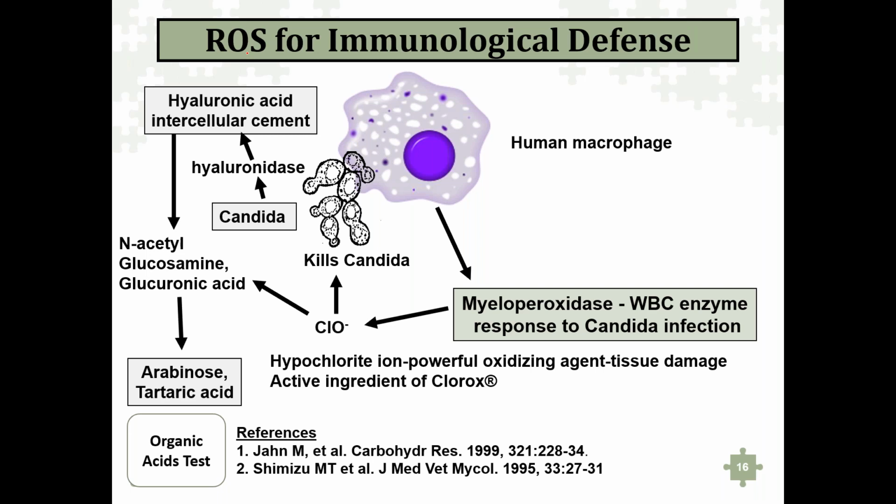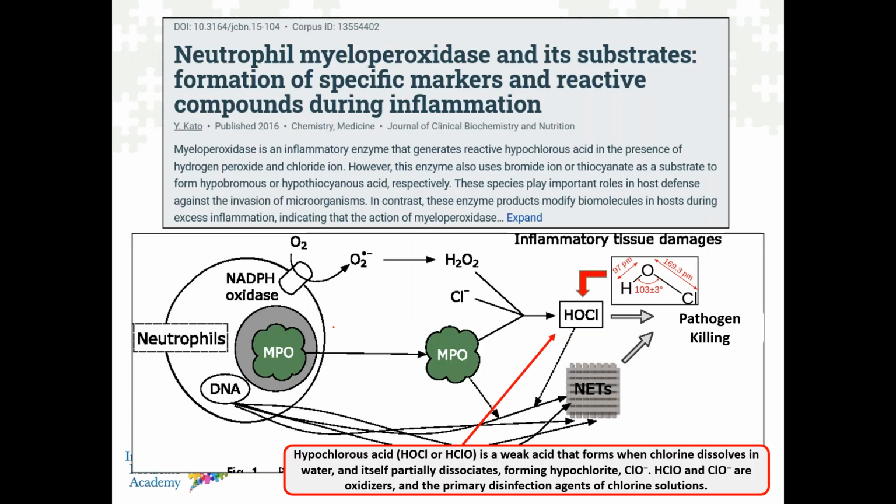In this particular case, myeloperoxidase forms something called a hypochlorite ion, which then attacks candida. A better description is neutrophil myeloperoxidase forming hypochlorous acid to kill various pathogens. It's not just candida, it could be bacteria, etc.